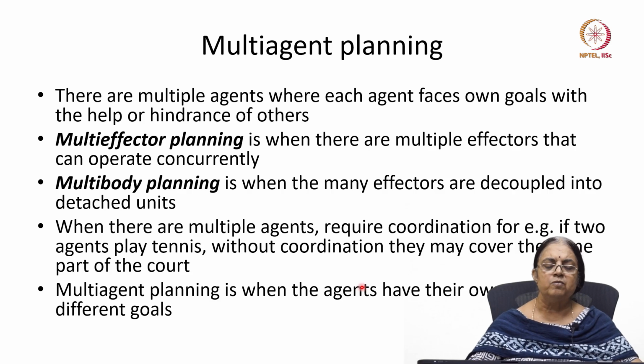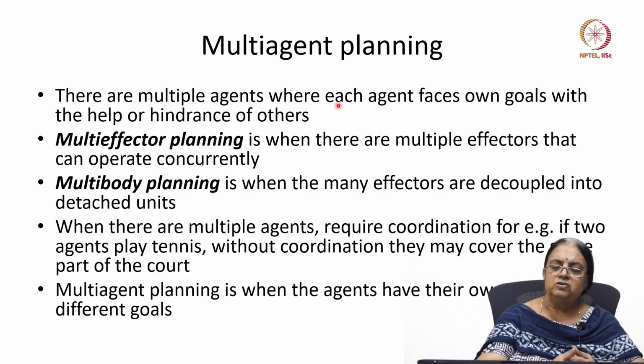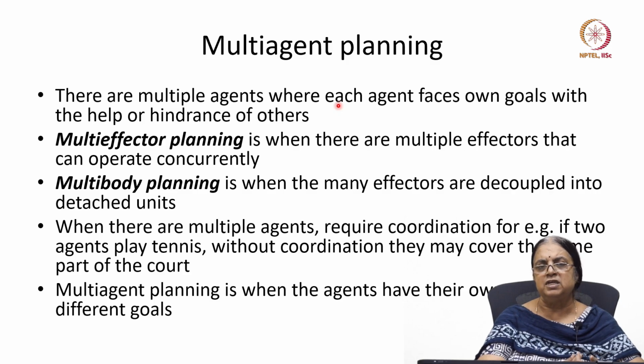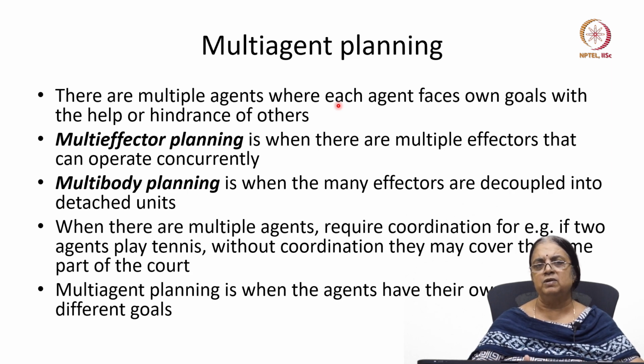Each agent will have their own goals, and they have to solve those goals. The other agents could either help them or be a hindrance, or they may not have anything to do with any of the other agents. Maybe each agent has its own job to do.